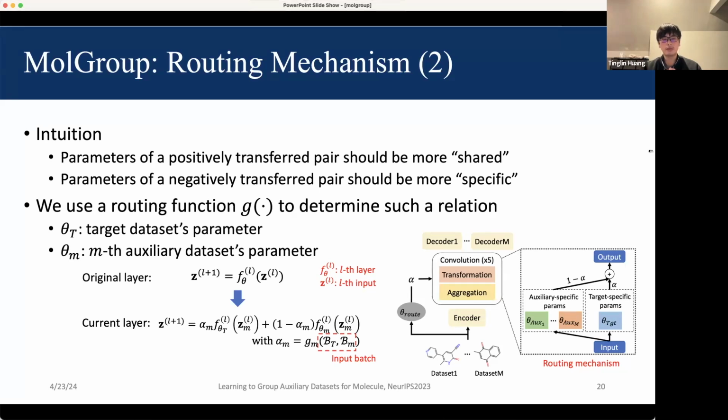But in the current layer, for the forward process of the auxiliary datasets, we not only use their specific parameters, we also use the target dataset's parameters, and we use a routing mechanism to balance these two outputs. Given the input representation for the auxiliary datasets, we use the target dataset's parameters and also their specific parameters to calculate the output, and then we use the routing mechanism to balance these two results.